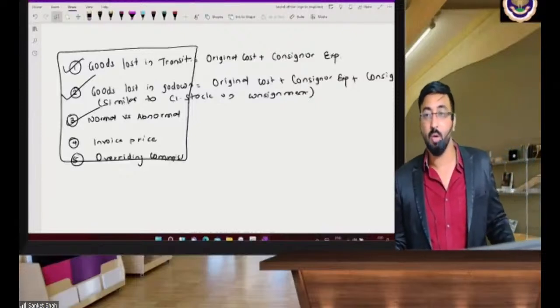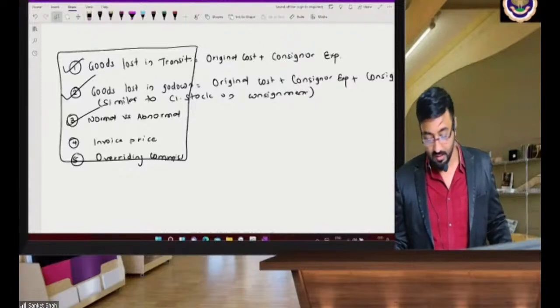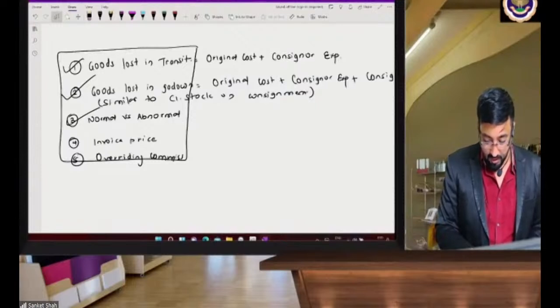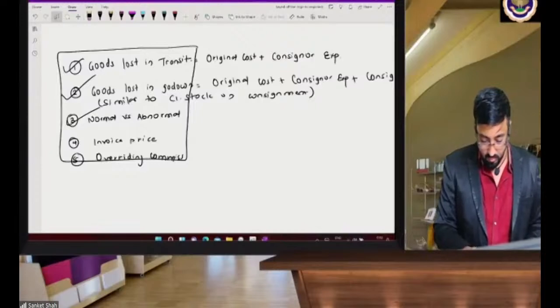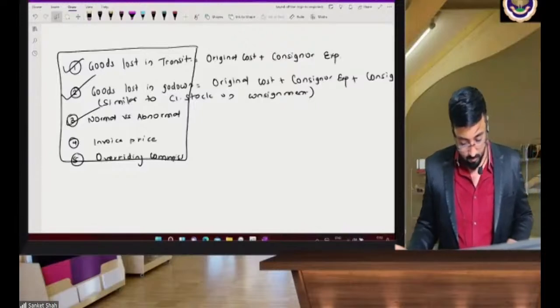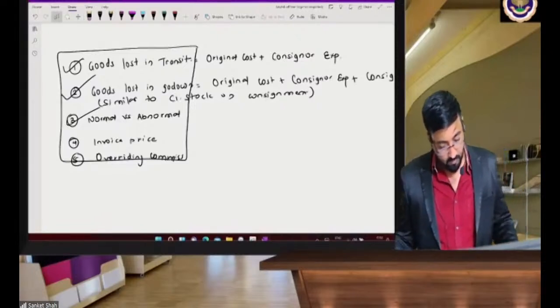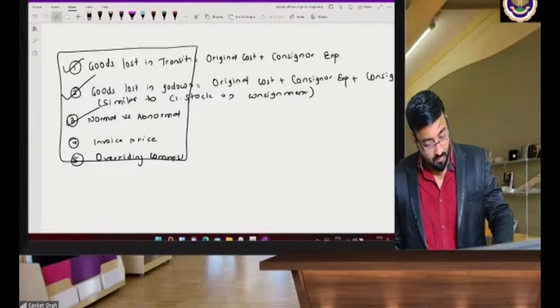Normal versus abnormal, I'm waiting for your replies. Yes, many students answered goods lost in godown correctly.